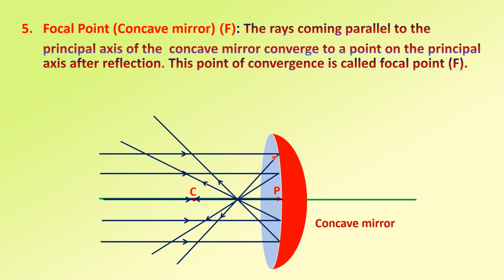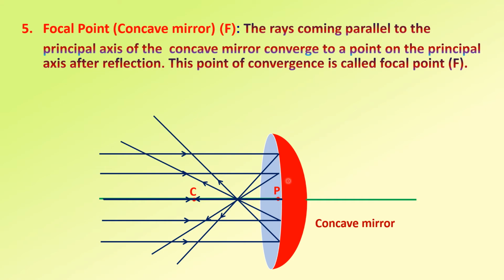See here. These are the reflected rays. The initial ones are the incident rays, and the reflected rays will converge to a single point on the principal axis, and this point of convergence on the principal axis is called focus or focal point in case of concave mirror.